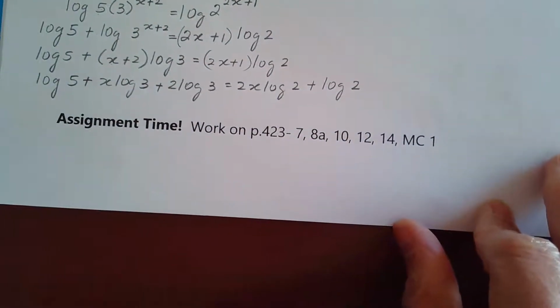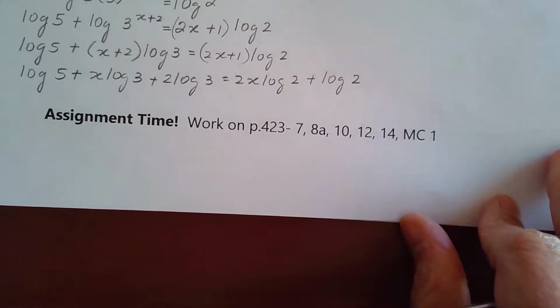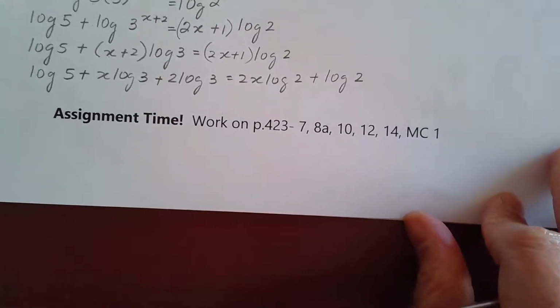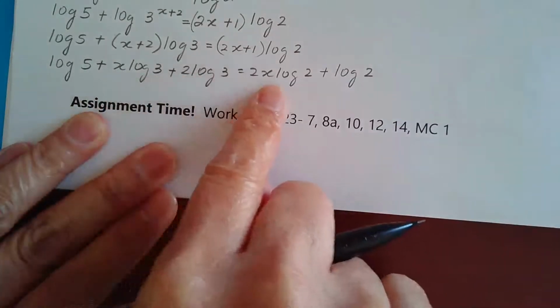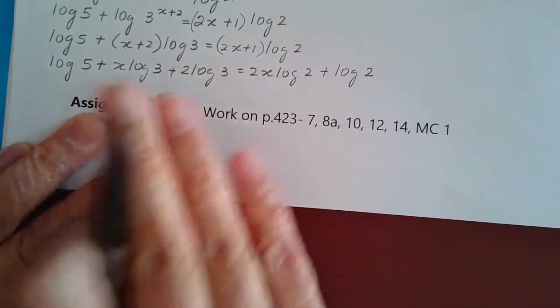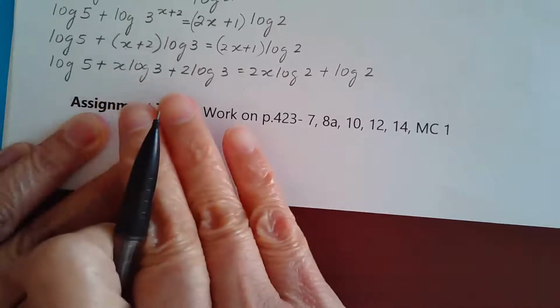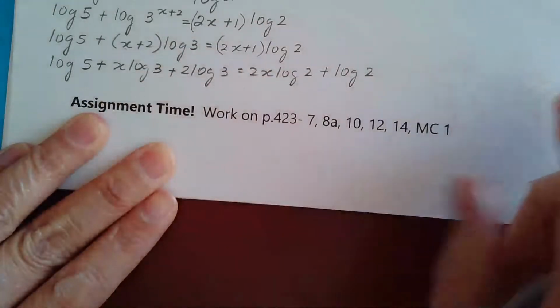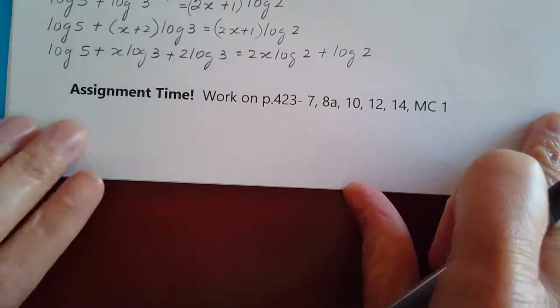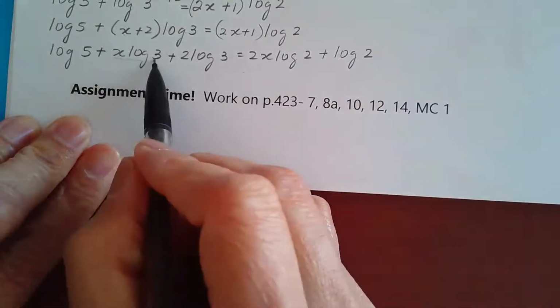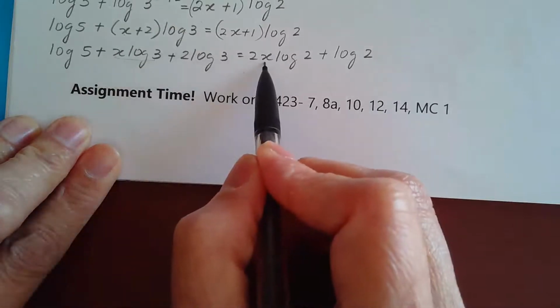The next step is to put the terms with the x variable on one side of the equation and everything without the x variable on the other side. I'm really running out of room here. So take this part, leave it there, and I'm going to take this one over there.